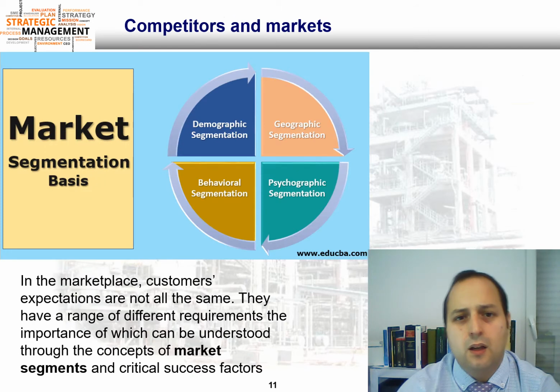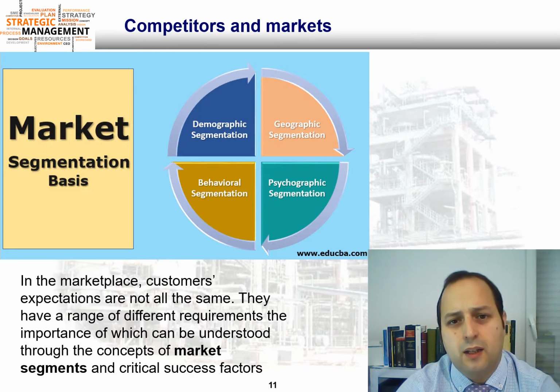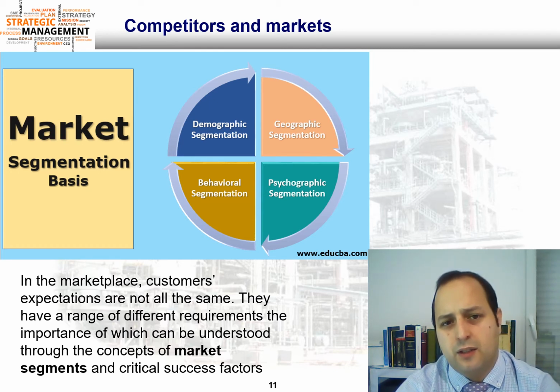Once we have spoken about the strategic groups and the strategic group mapping, we are going to speak about market segmentation. In the marketplace, customers' expectations are not the same. Customers have different requirements, and in order to differentiate such expectations, such requirements of customers, we use market segmentation. Here we can find, for example, in this image, 4 different factors that are very often used in market segmentation.